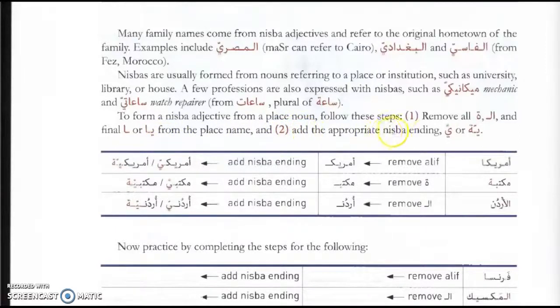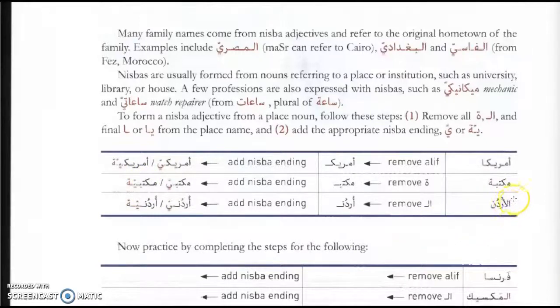Two, add the appropriate nisba ending, either i or iya. So Amrika ends in that aleph mamduda. We remove the aleph, and we get Amriki, Amrikiya. Maktaba, in this case we remove the ta marbuta, and we get Maktabi, Maktabiya.